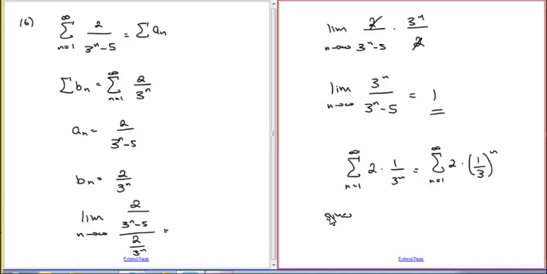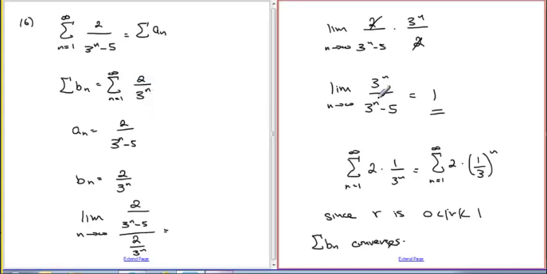And since r, which is this ratio, is between 0 and 1, we know that the series converges, V sub n converges. That's just because it's a geometric series, and this ratio is between 0 and 1 in absolute value, which in this case is positive, so that's the same thing. So since this is true, this function converges.